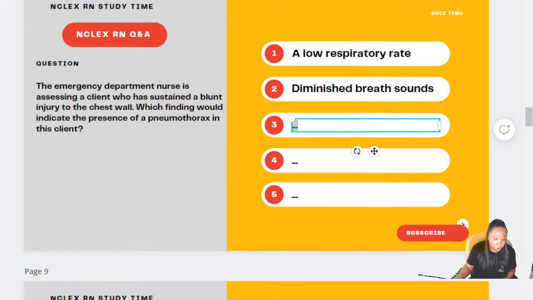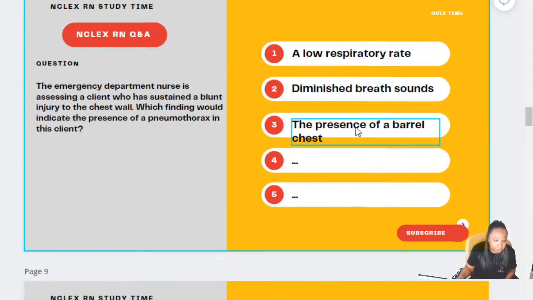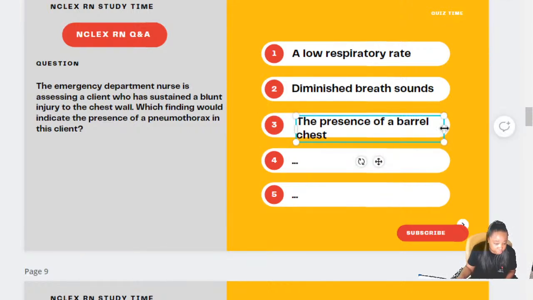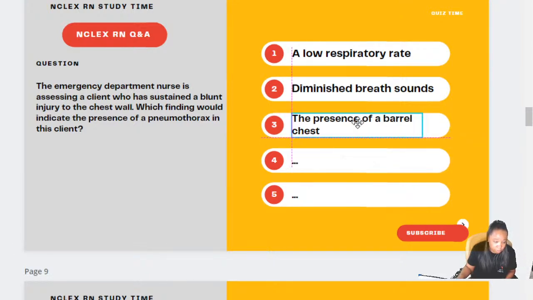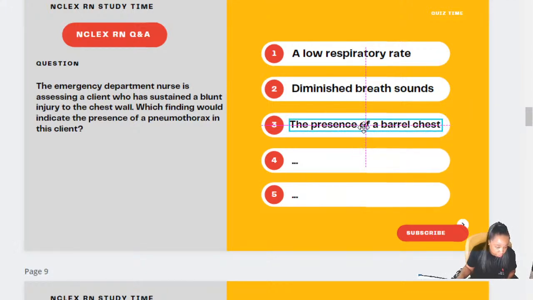So the third one is the presence of barrel chest. You know what is a barrel chest? Let me explain. A barrel chest, for example, is when you see someone with a chest that is very puffy. A patient who has COPD, for example, always tries to breathe very hard.